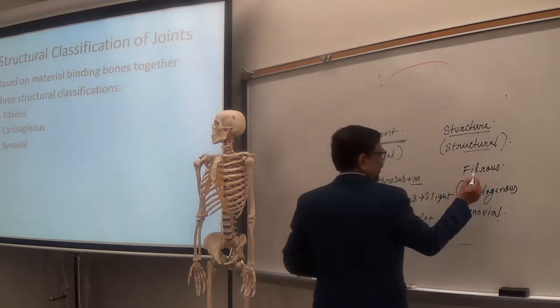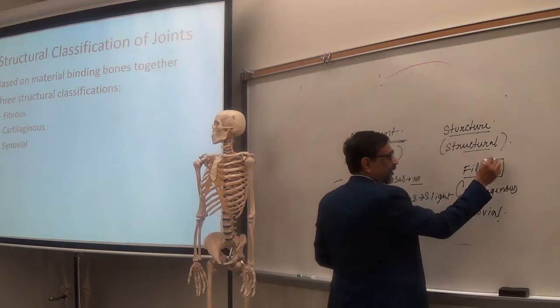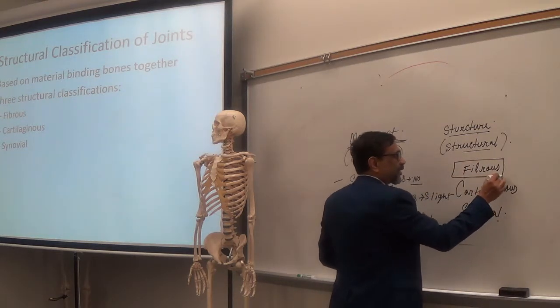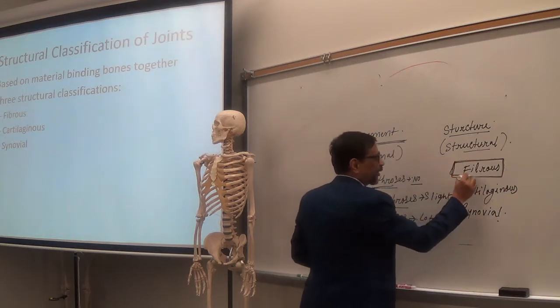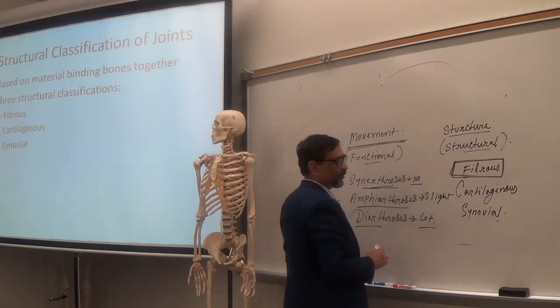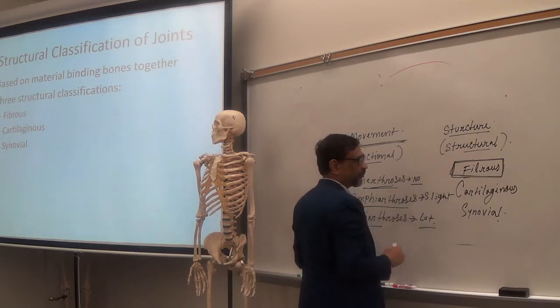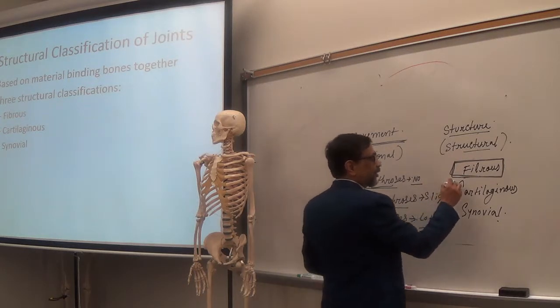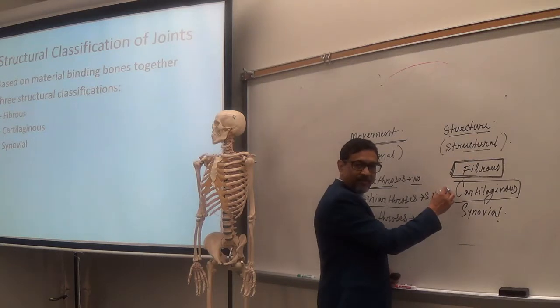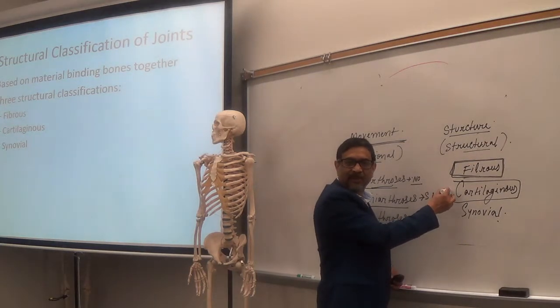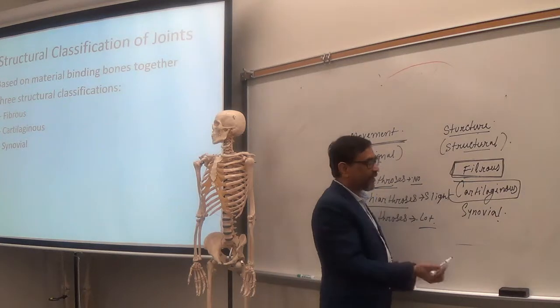Fibrous, you can just tell by its name, the bones are connected by connective tissue fibers. That's why those are called fibrous. Cartilaginous, bones are connected by what? Cartilages. Make sense? That's why called cartilaginous.